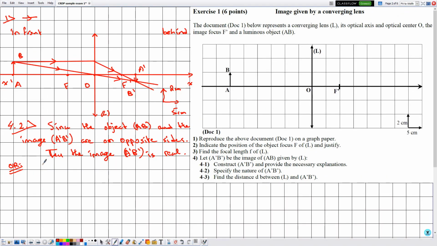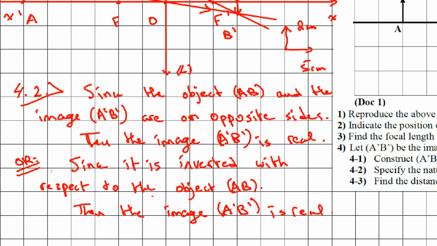So let's say, since it is inverted with respect to the object AB, then the image A prime B prime is real. No need to write both justifications, either of these are accepted.